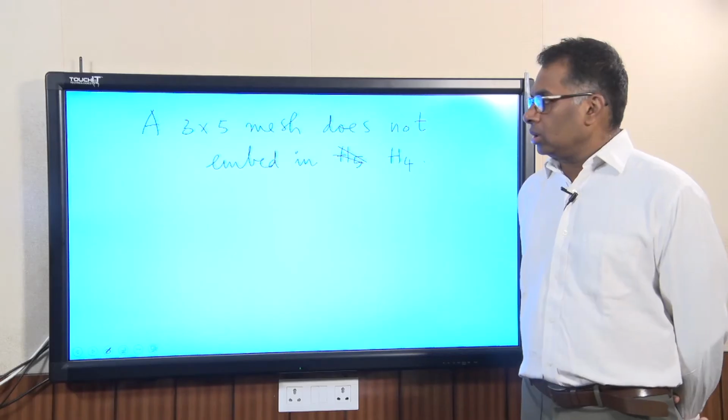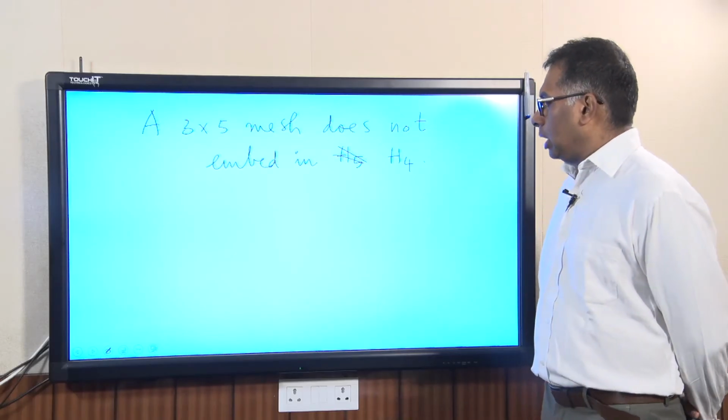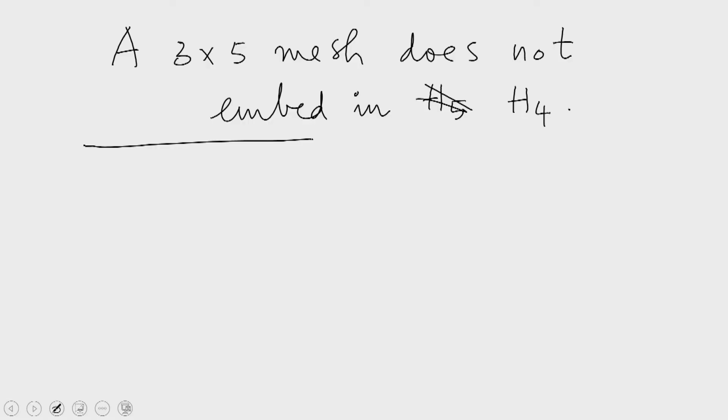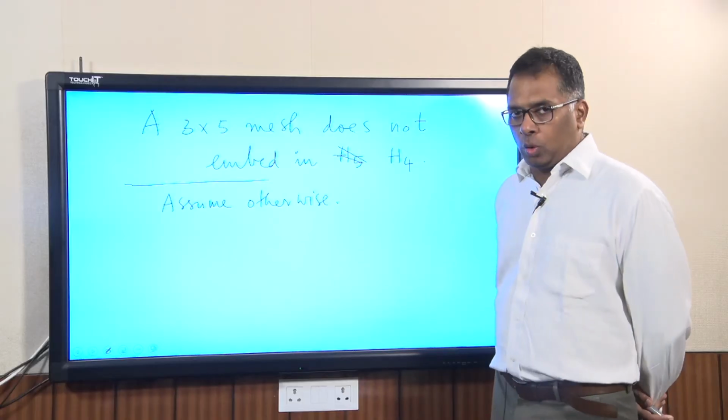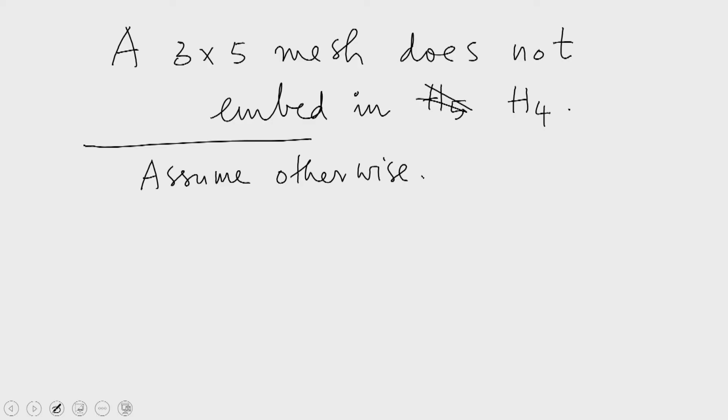So, let us prove the statement that a 3×5 mesh does not embed in H4. Assume the contrary. Assume that a 3×5 mesh embeds in H4. Now, consider an embedding of the 3×5 mesh in H4, or in general any embedding of a mesh in H4.